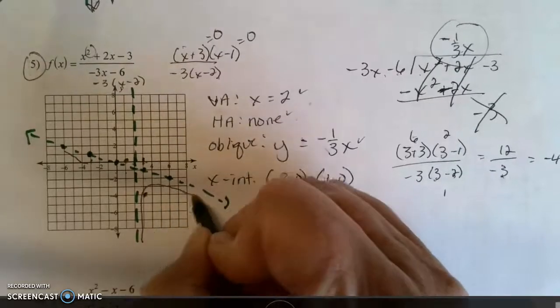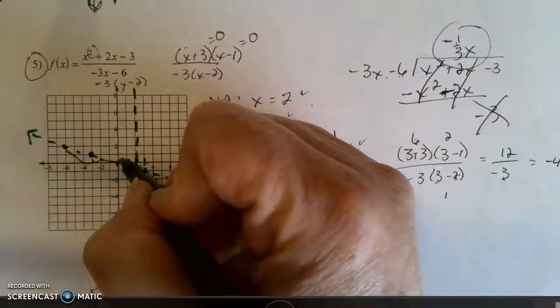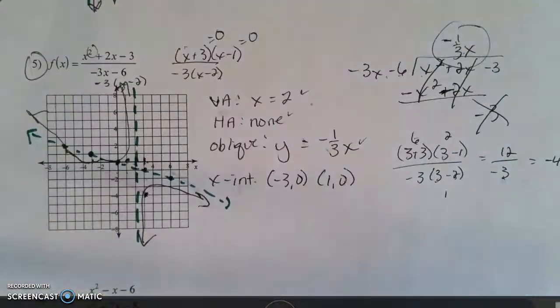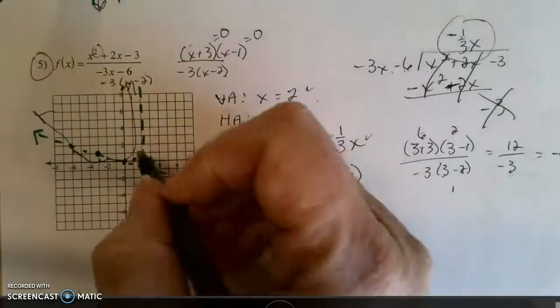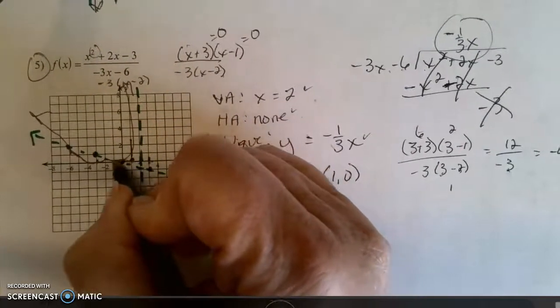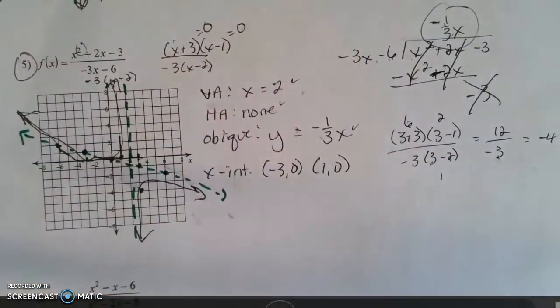Okay, so I have one down here, and I have one up here. That's poorly drawn, but it should have hit there. There we go. Okay, that's a rough sketch. Okay, but you get the idea.